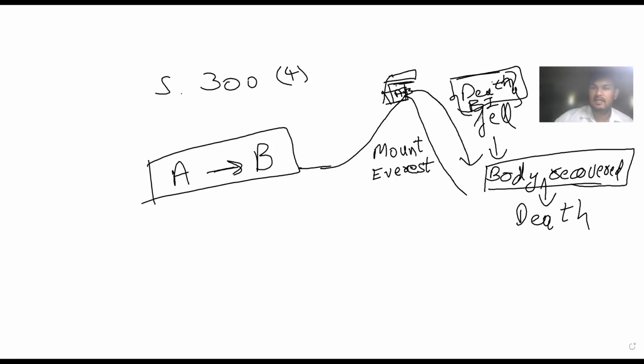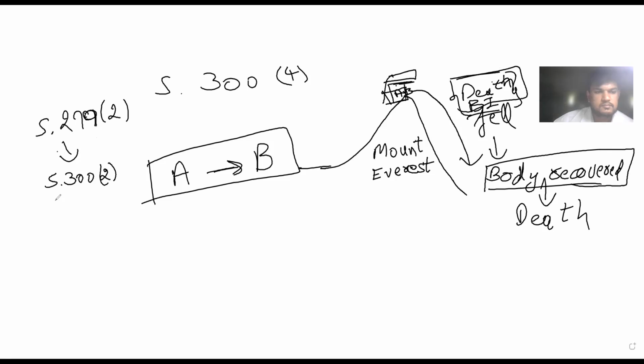So we have bodily injury here too. So if section 299 2 is proved, then we can make the person liable under section 300.